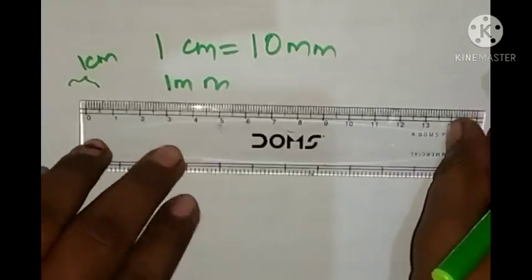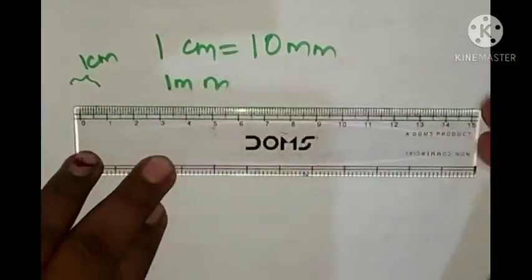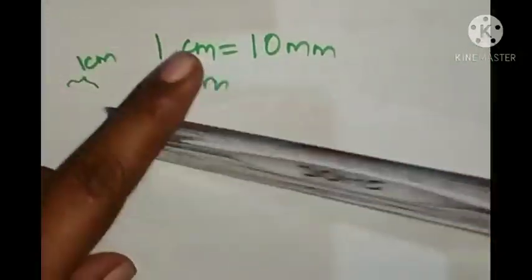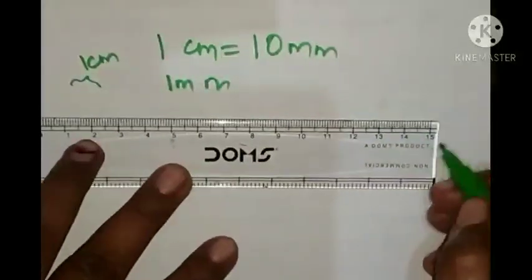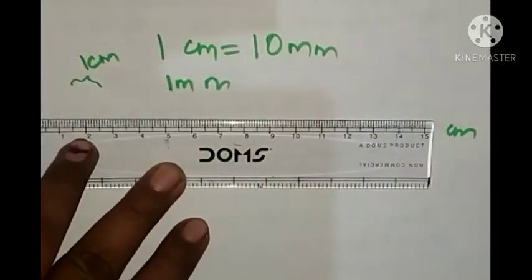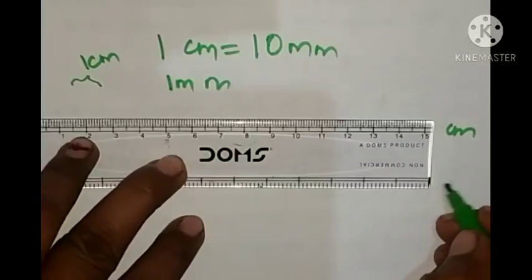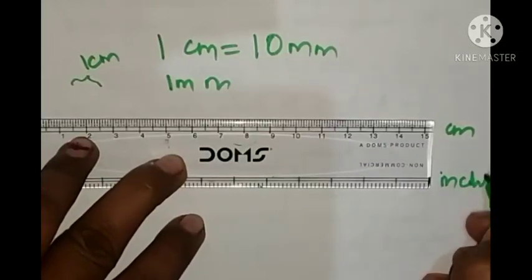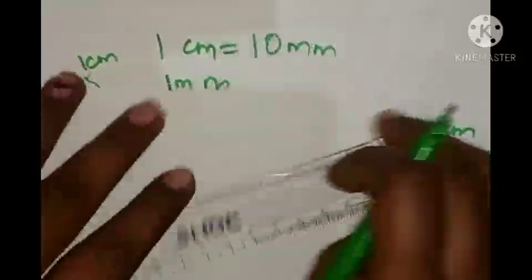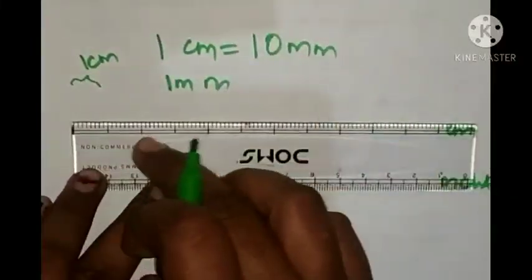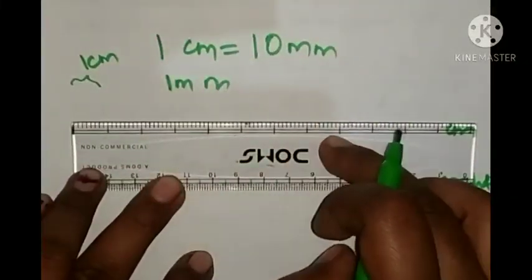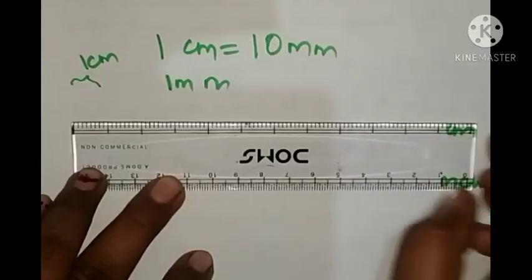Here, one edge is centimeter and the other edge is inch. Here it is 1, 2, 3, 4, 5, 6, 7, 8, 9, 10, 11, 12. Here there are 12 inches.